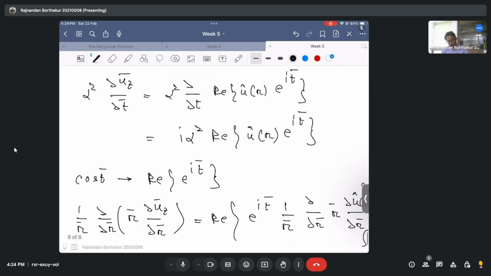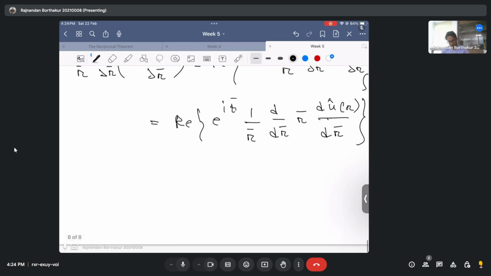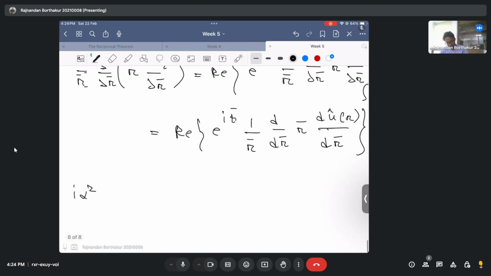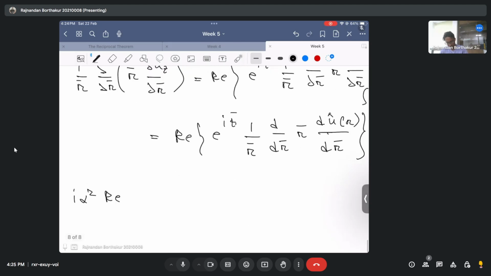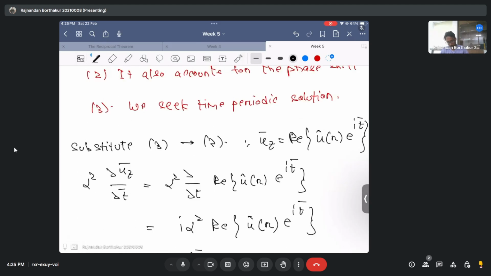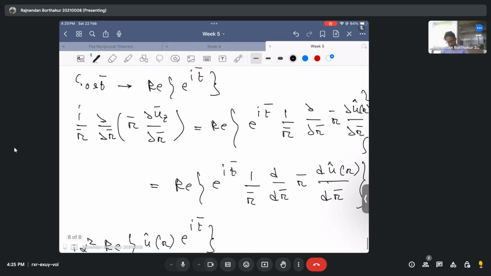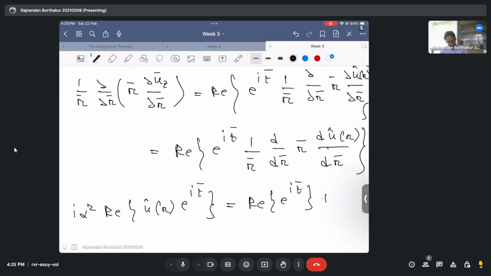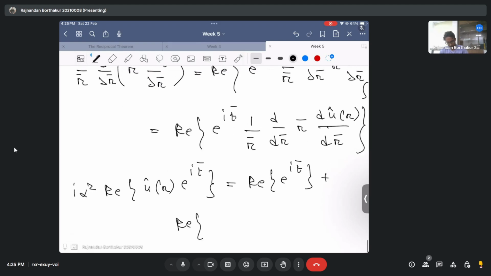From the first term I'll have i alpha squared times the real part of u hat of r bar e power i t bar, and then I have the real part of e power i t bar plus the real part of e power i t bar, 1 by r bar d r bar of r bar times d u hat of r bar by d r bar.